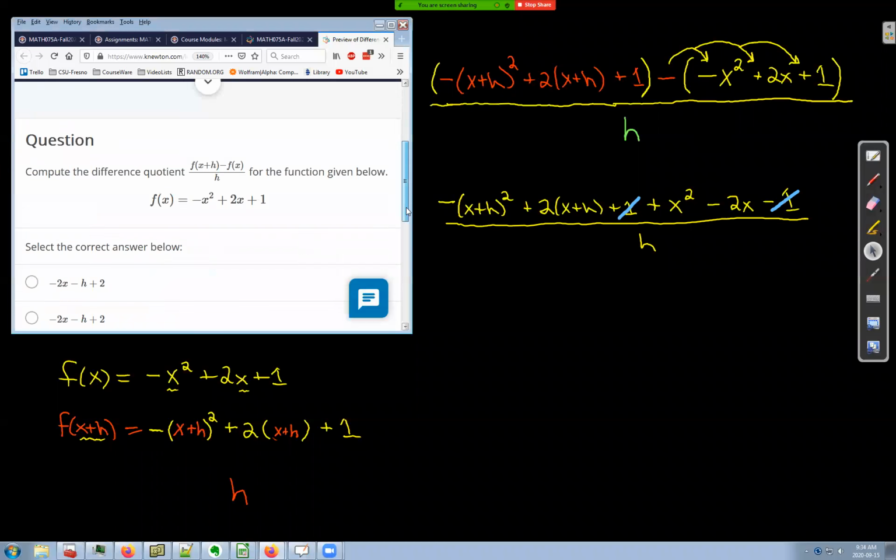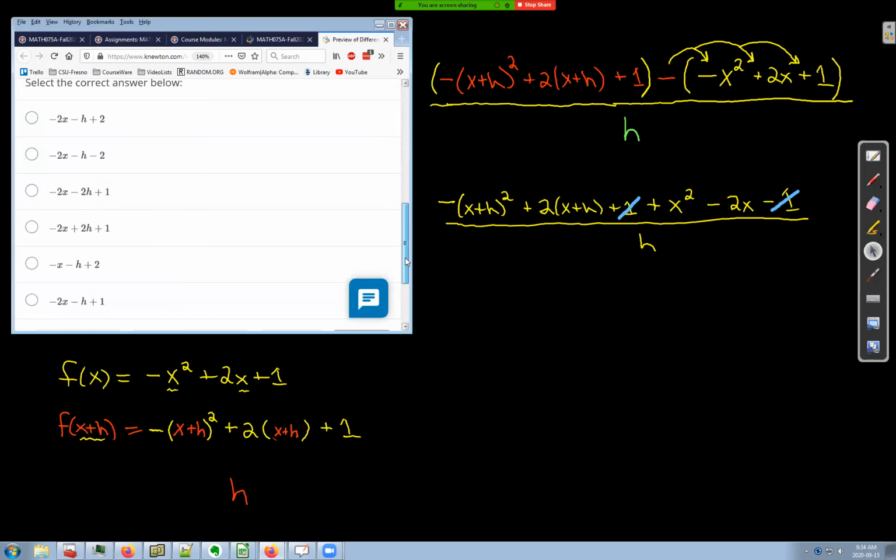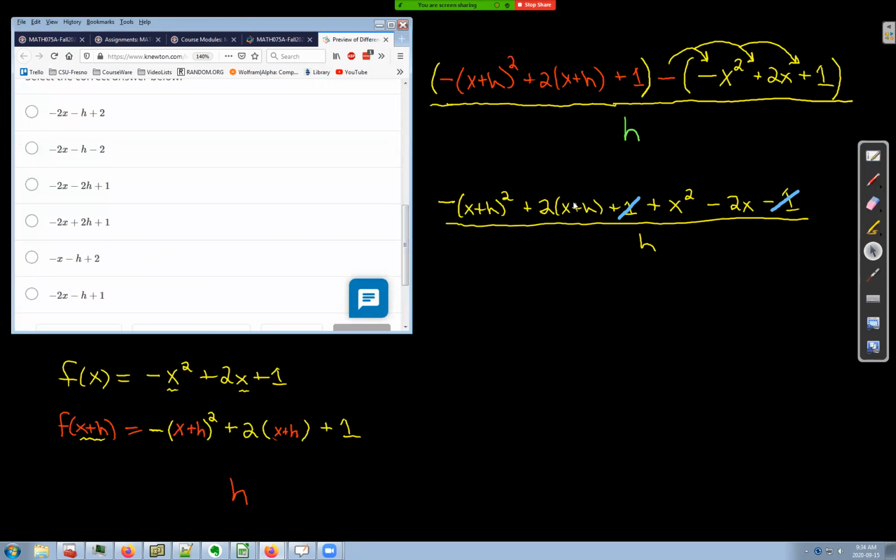But this is a multiple choice question, so I guess I'm not done yet, because either I made a mistake or there's still some simplification to do. What I have written here is a fraction, and none of my answer choices have fractions. So I don't think I made a mistake. All this means is that there's more simplification to do. So, let's keep going.